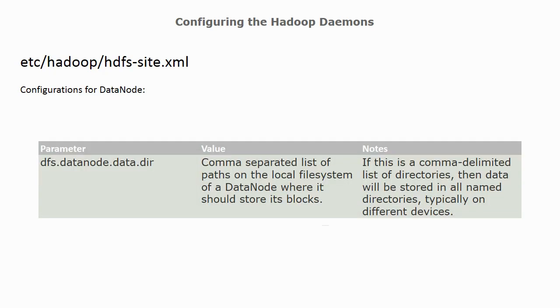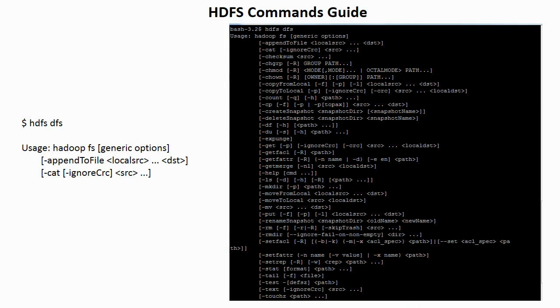Hadoop. So now, how do you use it? You can get the entire list of HDFS commands by simply typing HDFS DFS, and it'll return, as you can see here, all the different options available. So put is the simple operation where you put a file into HDFS.